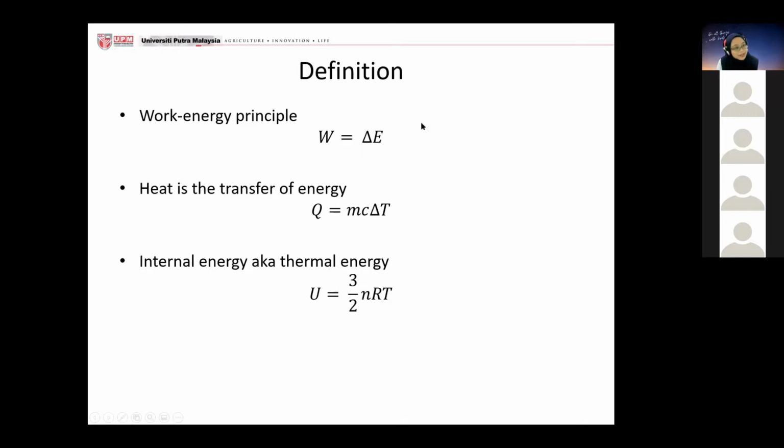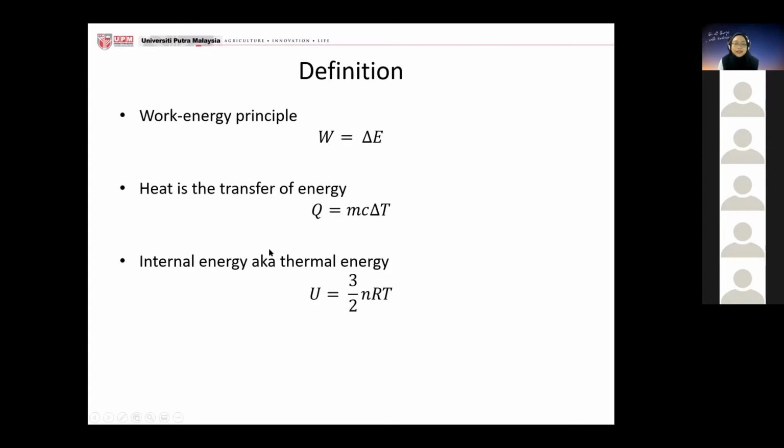So again, I keep on including all of these equations. I hope this is hint enough for tests, for exams, that these are something very important. So we have the work energy principle, which we learned last week. Heat is the transfer of energy, of course.